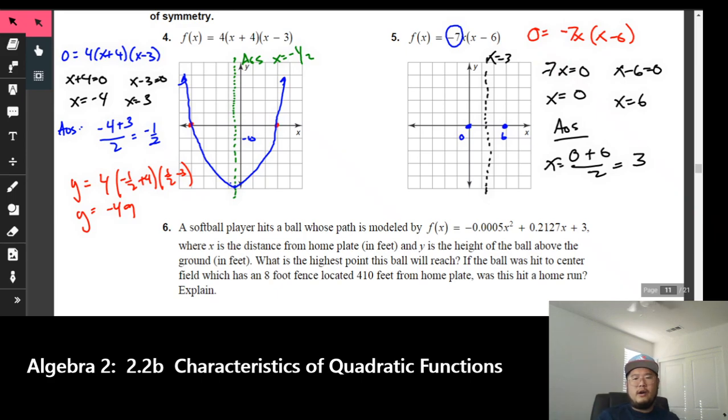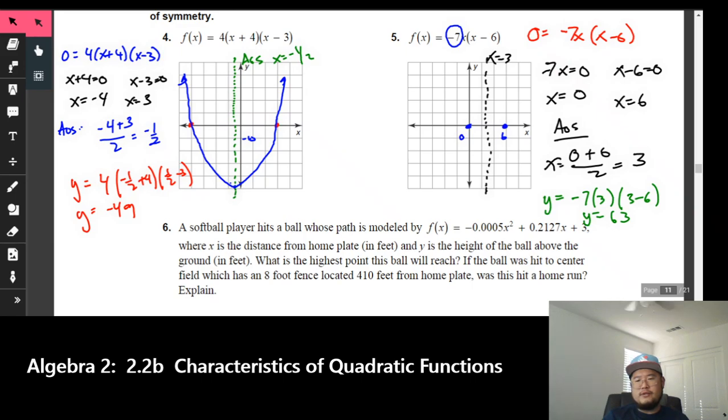Now we've got to figure out where along this line is the rest of my vertex. So I know what x is. We plug things into the original equation to find y, right? So we've got negative 7 times 3, and then 3 minus 6. And when you plug all that in, y is equal to 63. Once again, we want to plot that right here. It won't fit as is.